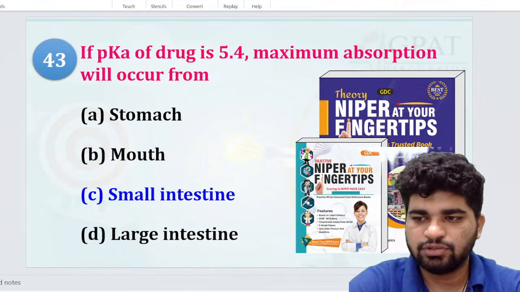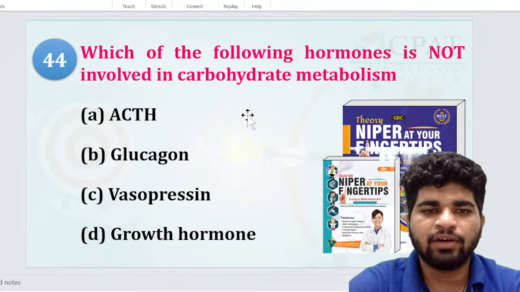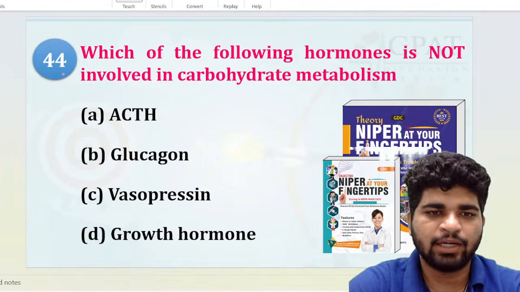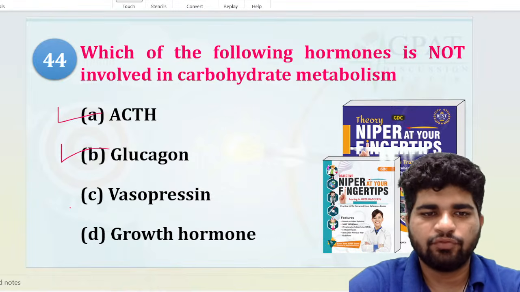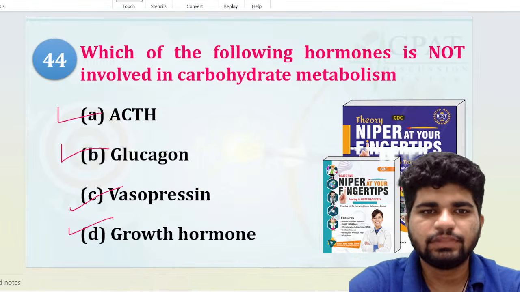Okay? Which of the following is not involved in the carbohydrate metabolism? Adrenocorticotropic hormone, glucagon, vasopressin, growth hormone. Which one is it?